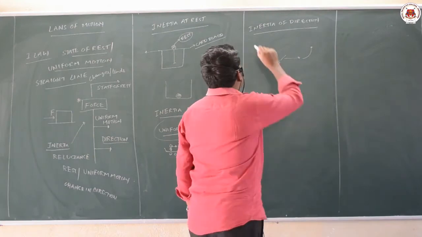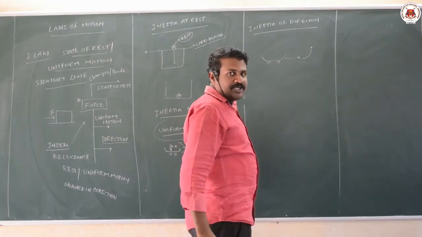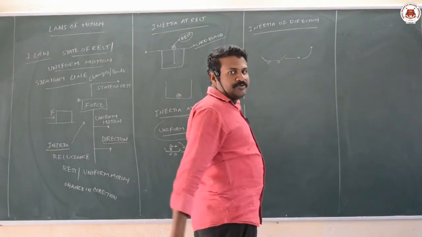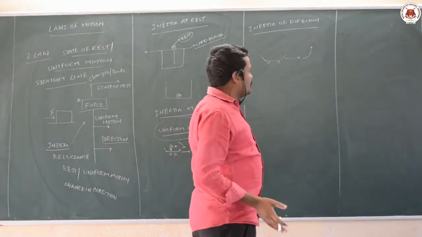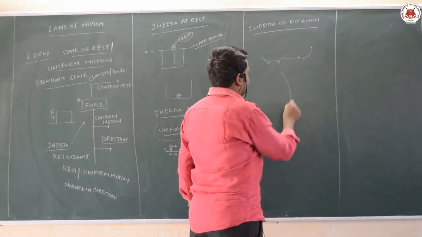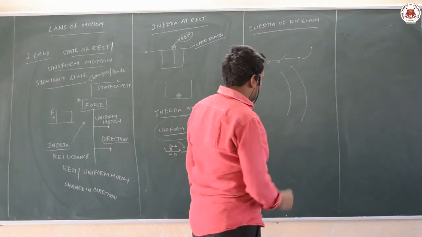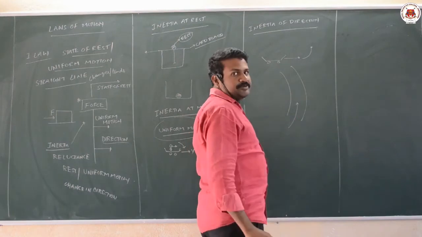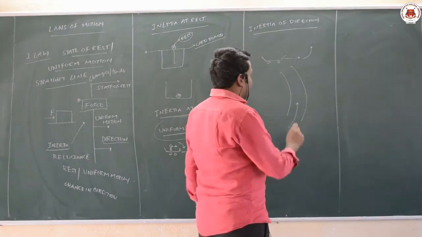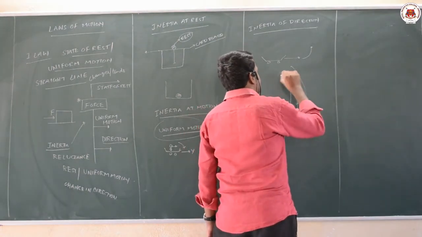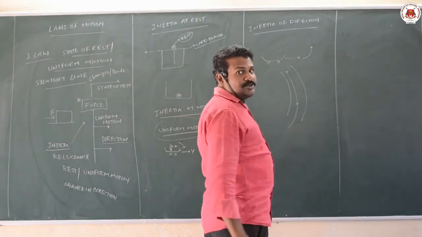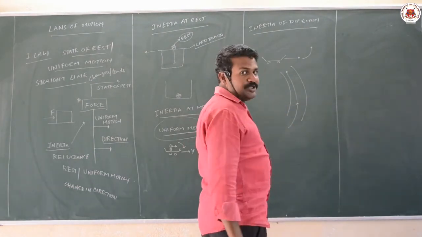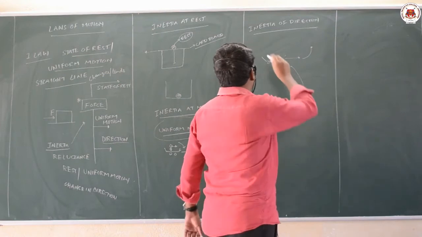That is called inertia of direction. A cyclist who is taking turn will bend. A car which enters into a circular track will bend towards the center. That is because we are changing the direction. That's why body is not ready to change the direction. That's why it is bending. So these are all the examples.